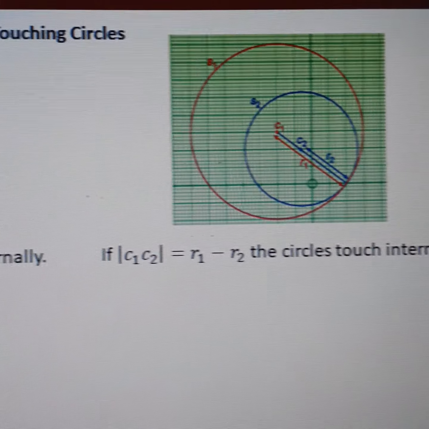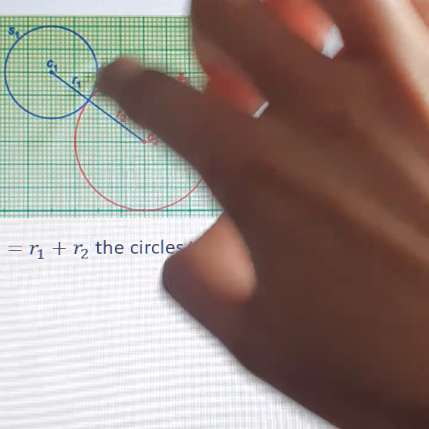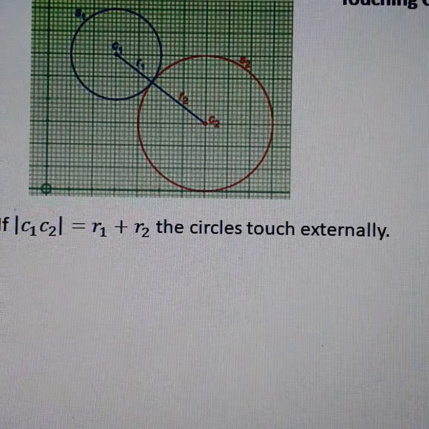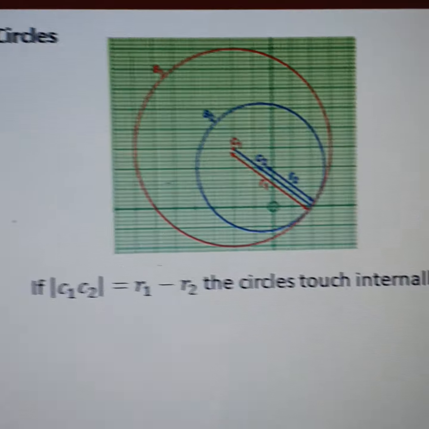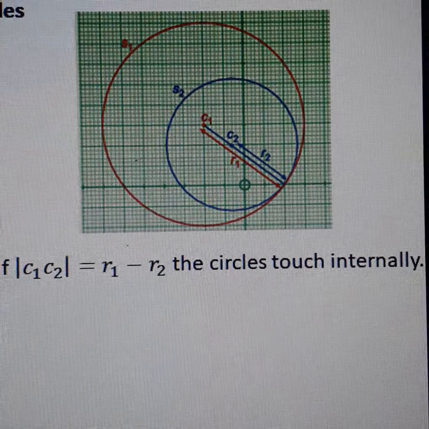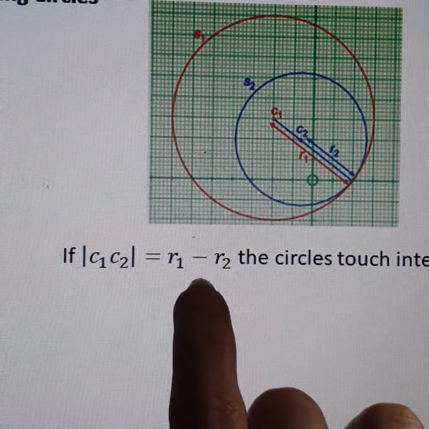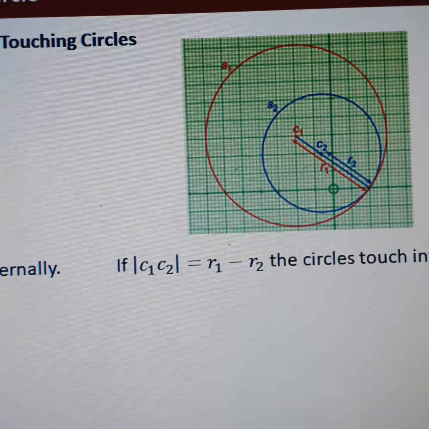So touching externally like this, we get the distance between C1 and C2 to be the addition of R1 plus R2. And if they touch internally, the distance between the two centers is equal to the difference between radius 1 and radius 2. Okay?